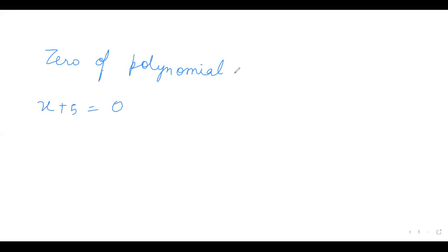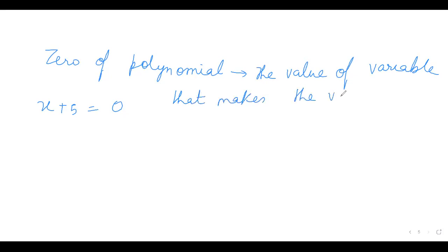So the zero of the polynomial is the value of the variable that makes the value of the polynomial 0. So what is the value of the variable I should take so that the value of the whole polynomial will become 0? That is called the zero of the polynomial.